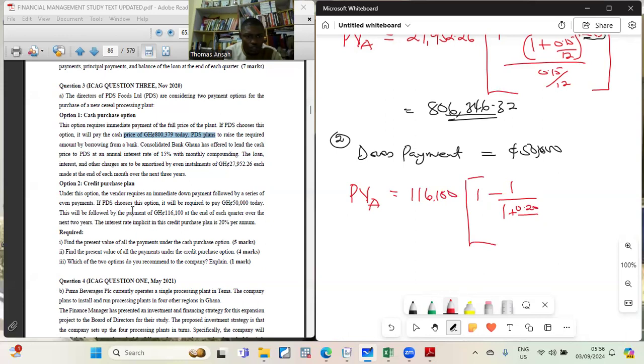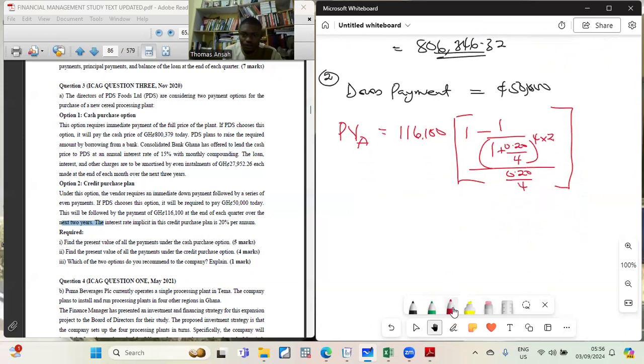End of each quarter. So this one was monthly, this one is quarterly. So that is 4 multiplied by 2 years, all over 0.2 over 4.